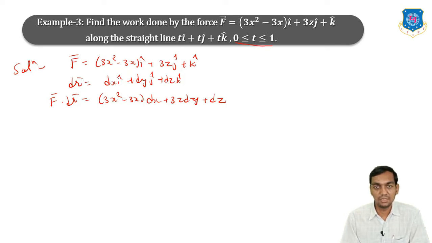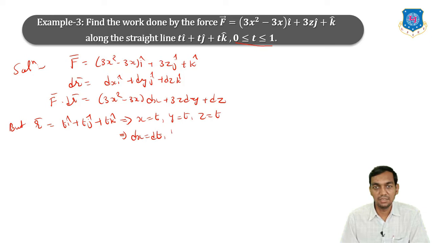Now you are given the equation of a straight line. R bar is equal to t i plus t j plus t k. That implies x is equal to t, y is equal to t, z is equal to t, and that will give you dx is equal to dt, dy is equal to dt, and dz is equal to dt.